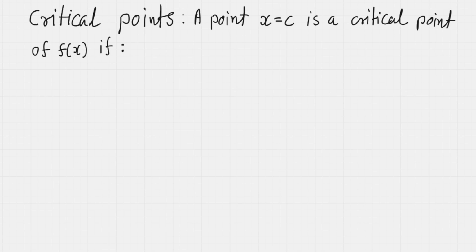In this video, we are going to understand what critical points are and how to find them. A point x equals c is a critical point of f of x if f prime of c is equal to 0 or f prime of c does not exist.